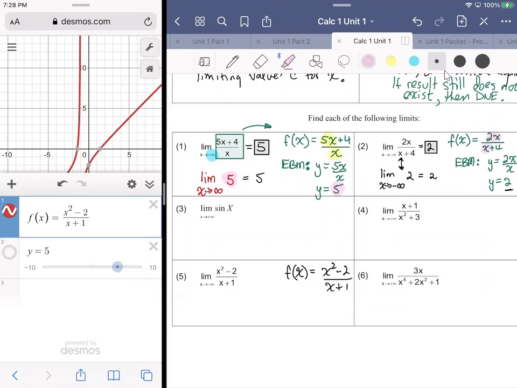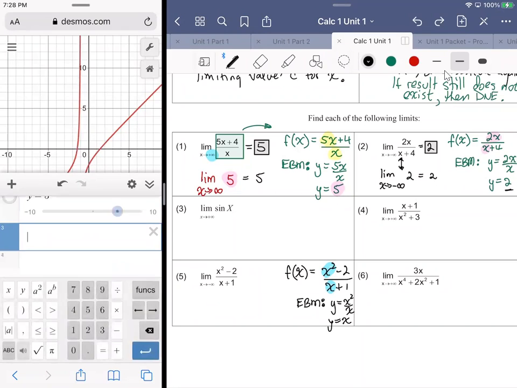The term with the highest power on the top is x squared. The term with the highest power on the bottom is an x. So y is equal to x squared over x, making y equal to x. So this graph, the one that I plotted already, is going to behave exactly the same as this graph for large values of x in the positive or negative direction. So what I'll do is I'll graph y equals x.